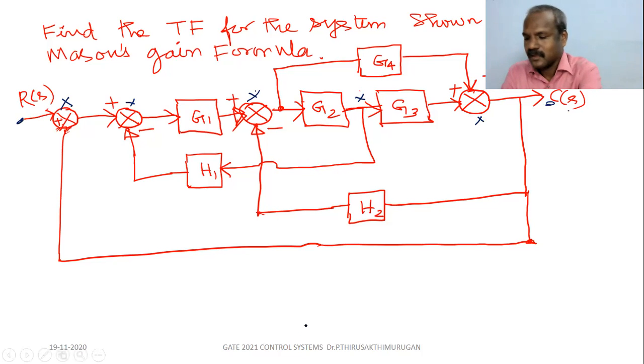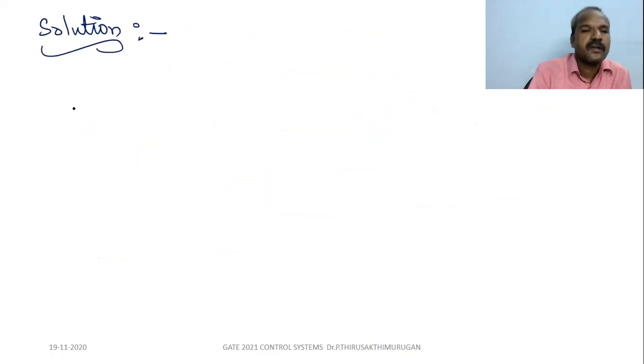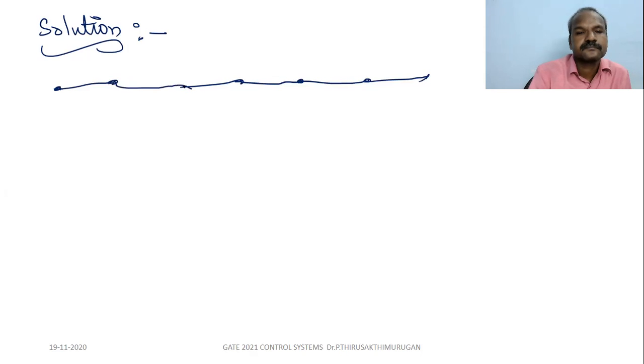So first we draw the signal flow graph using Mason's gain formula, starting from R of S, 1, 2, 3, 4, 5, 6, and finally C of S.